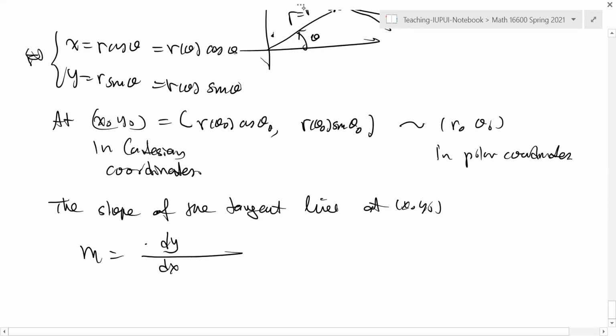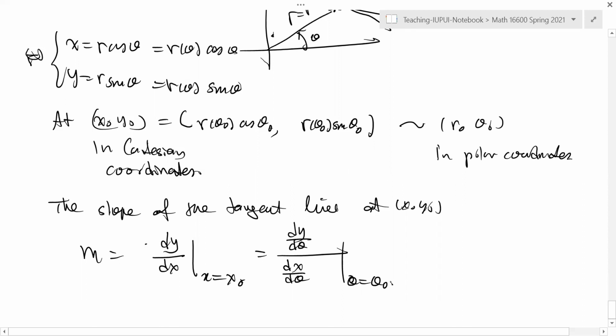Evaluate these two. But this is also dy over d theta divided by dx over d theta, at theta equals theta naught. So you can differentiate.